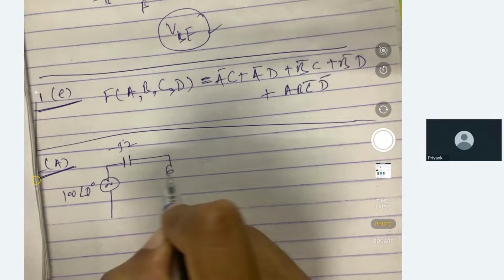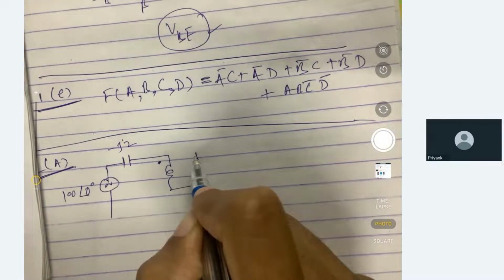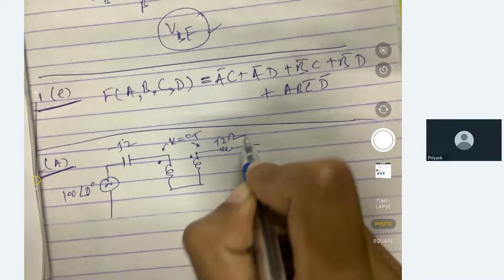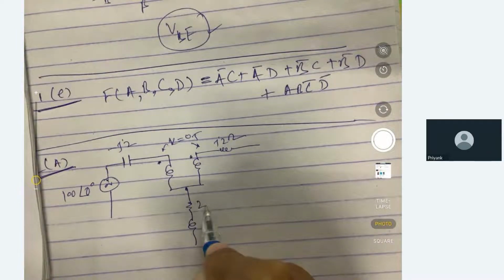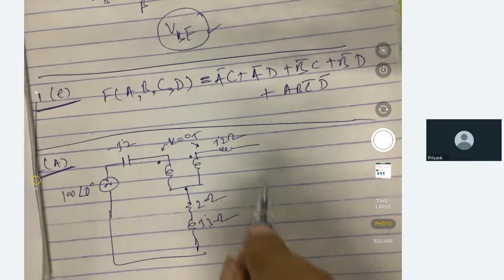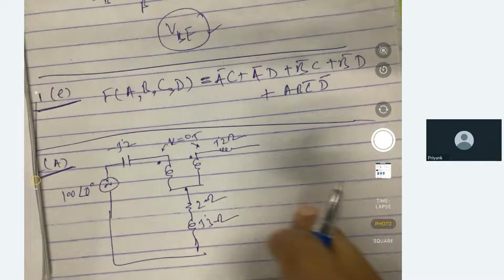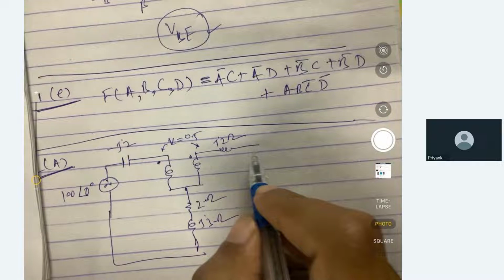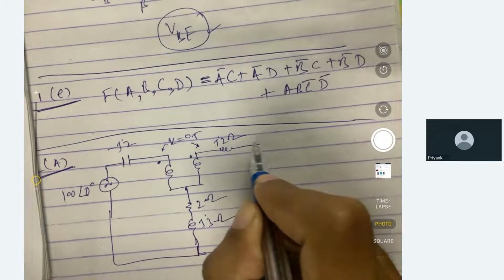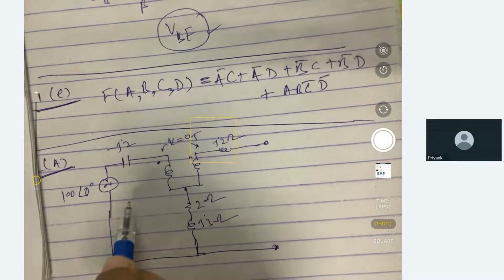Let's first find the Thevenin voltage across ZL, and then we will find the value of ZL, the Thevenin impedance.